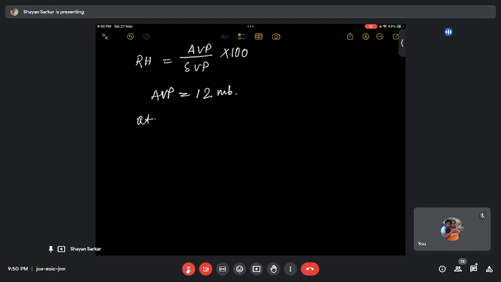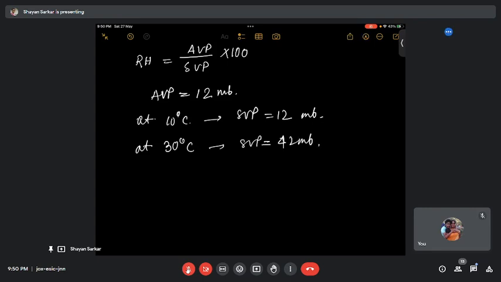At 10 degrees Celsius, SVP is 12 millibar, and at around 30 degrees Celsius, SVP becomes 42 millibar. So for 10 degrees Celsius, relative humidity will be 12 by 12 into 100%.